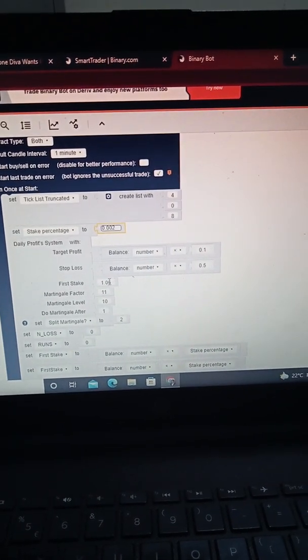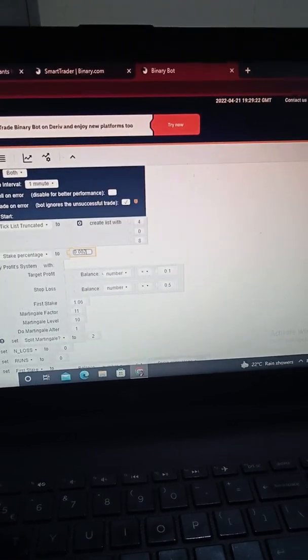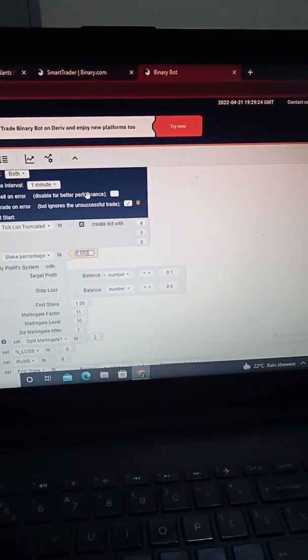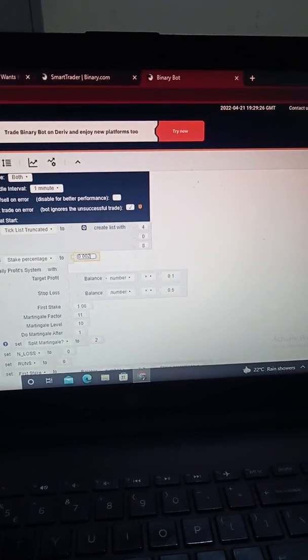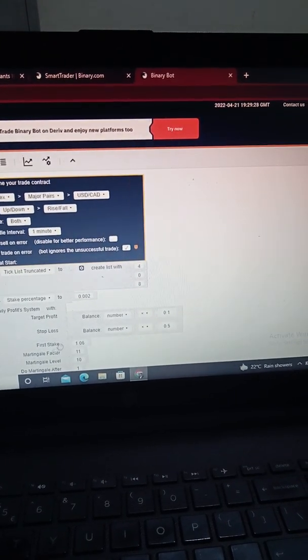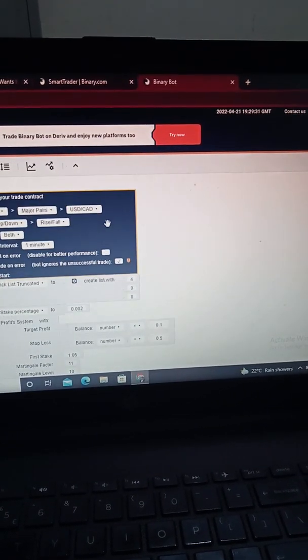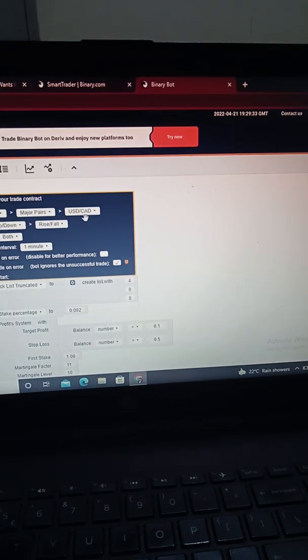Another thing, the martingale factor. This bot uses the 11 martingale factor. Okay, the first stake is at 1.06 US dollars, but I won't say 1.06 US dollars is the standard first stake, because as for now we are trading the USD and Canadian dollar.